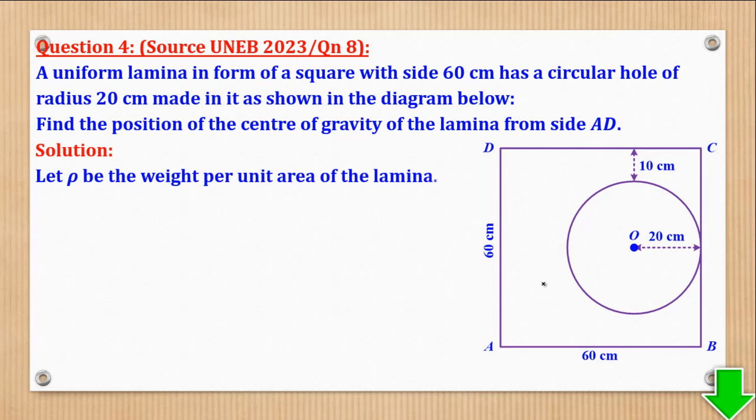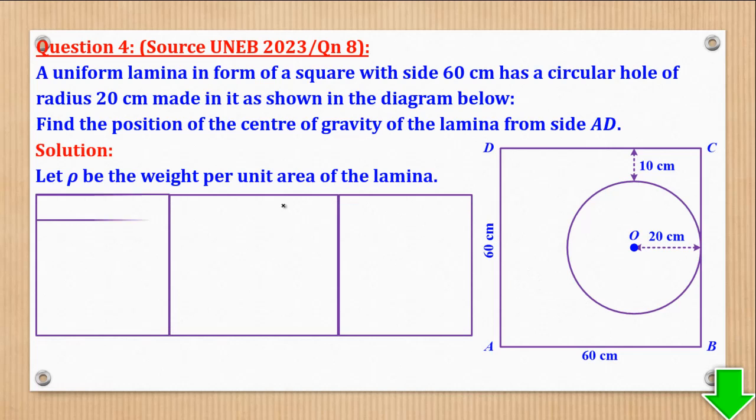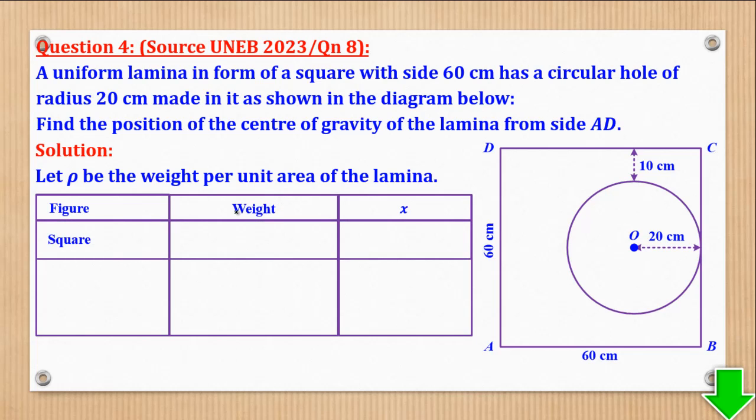So let rho be the weight per unit area of the lamina. Then you make a column of the figure, weight, and the x-coordinate. For the whole square, the area is this times that times rho to get the weight. Then the x-coordinate is half of this, which is 30.